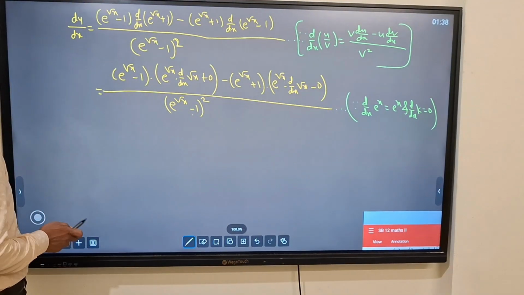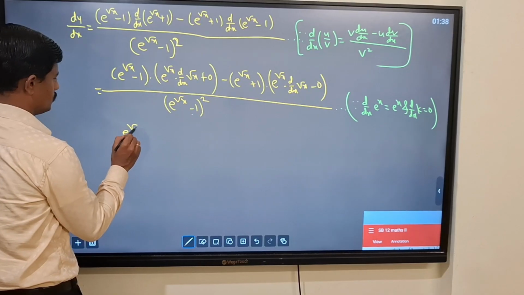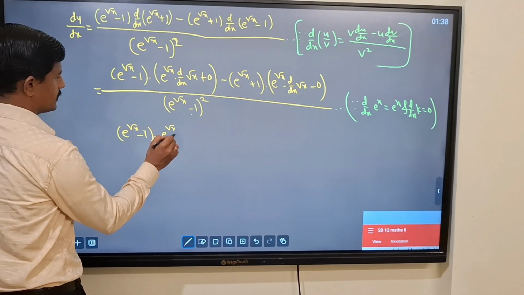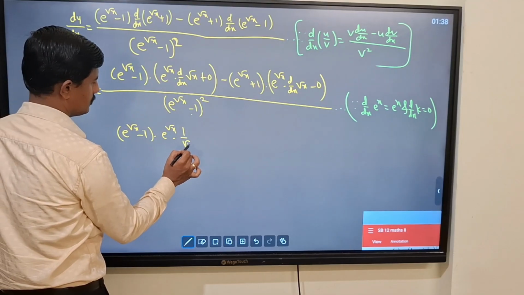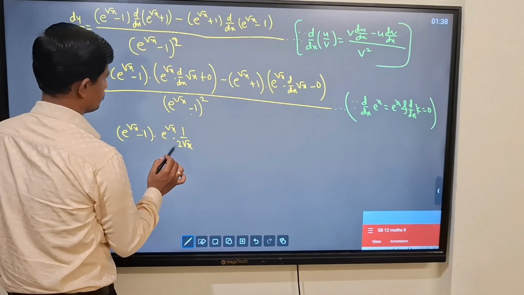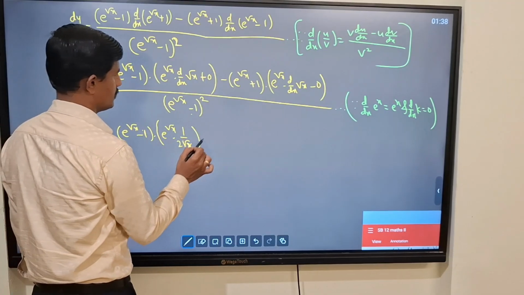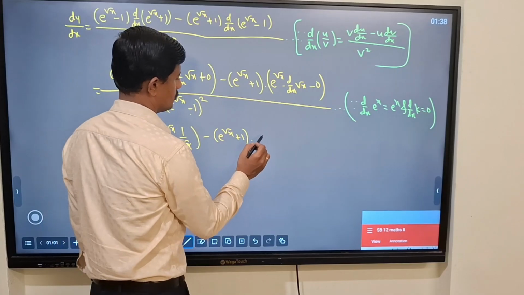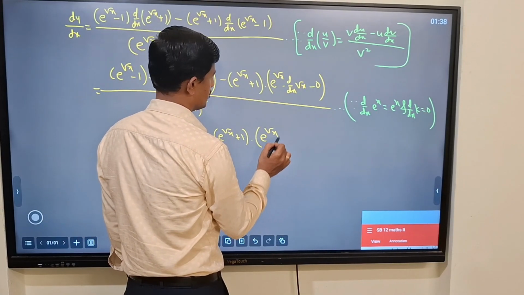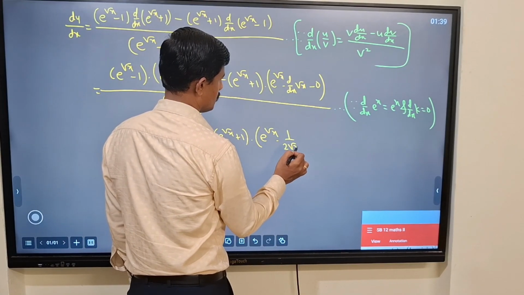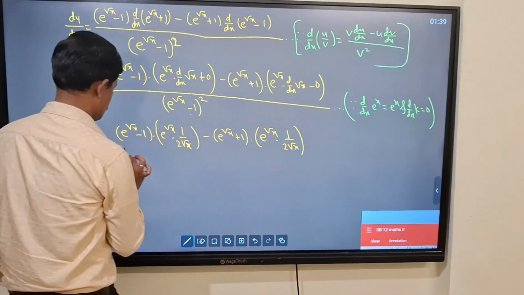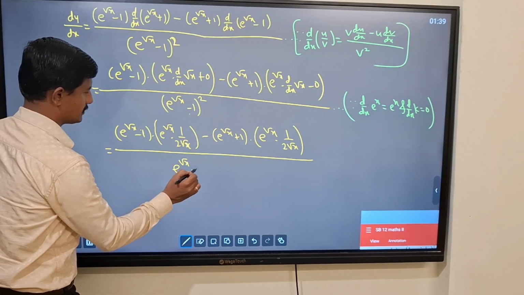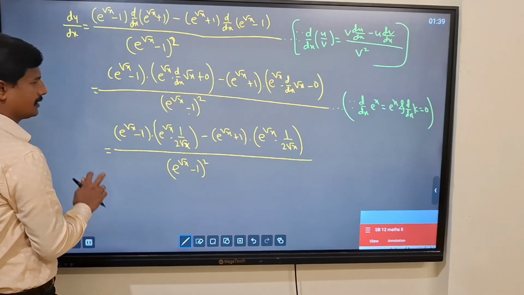Next, e raised to root x minus 1 into e raised to root x, differentiation of root x is 1 upon 2 root x, okay, minus e raised to root x plus 1 into e raised to root x, differentiation of root x is 1 upon 2 root x, upon e raised to root x minus 1 whole square.